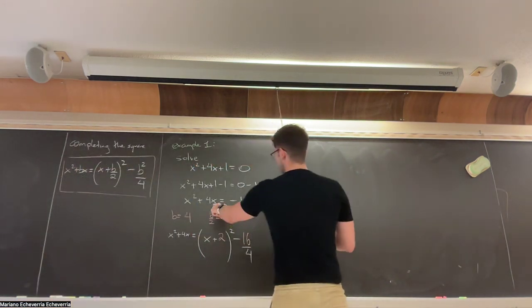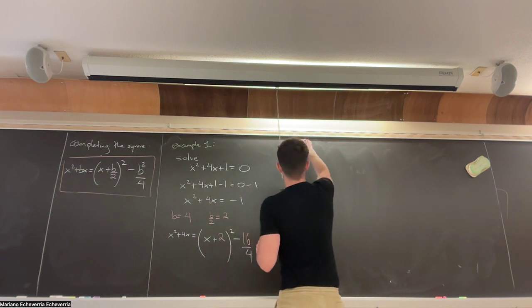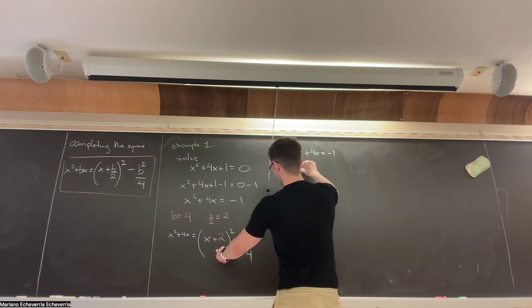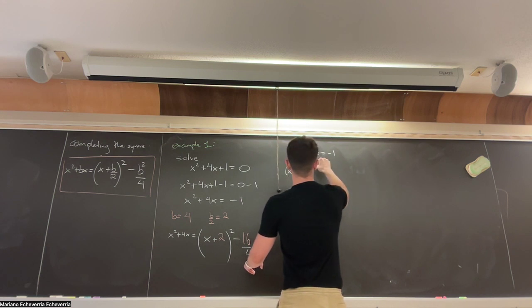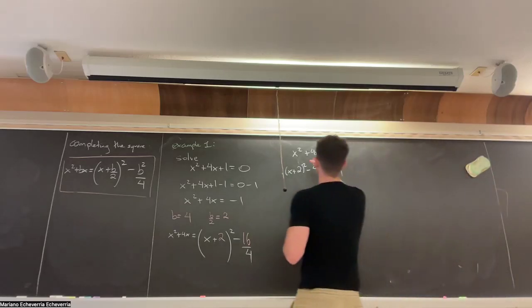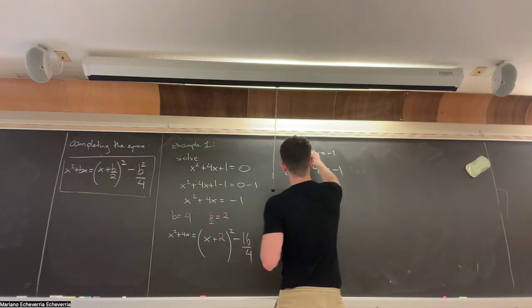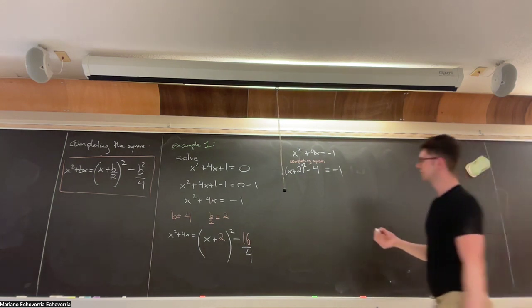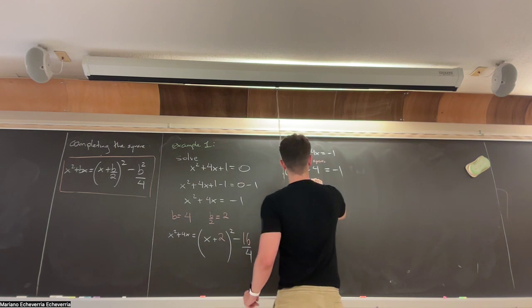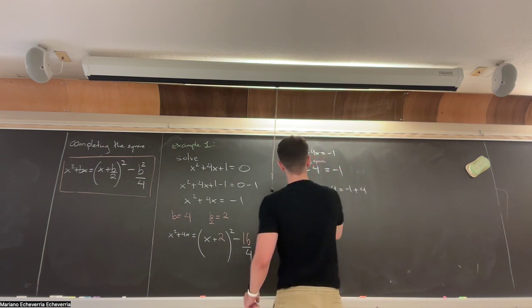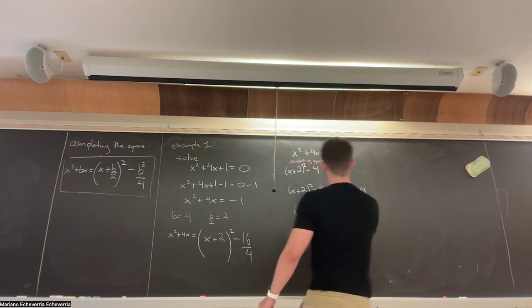Plugging that back into the equation we had, this becomes x plus 2 squared minus 4, since 16 over 4 is 4. So this is what you get from completing the square again. And then you add 4 to both sides of the equation. So you get x plus 2 squared equals 3.